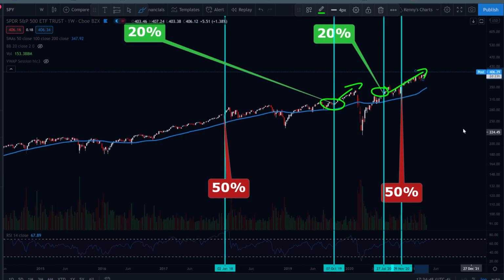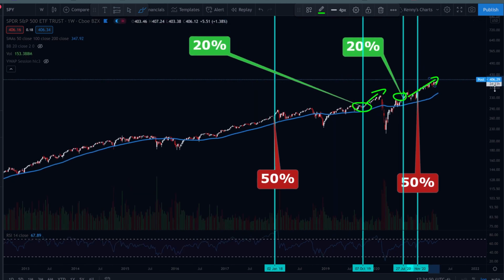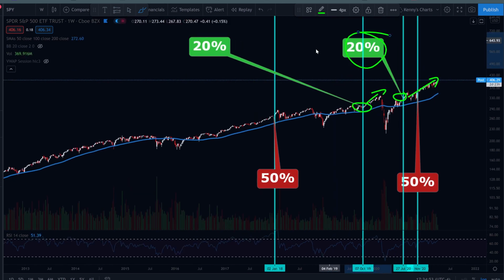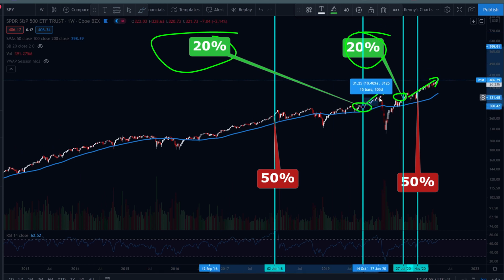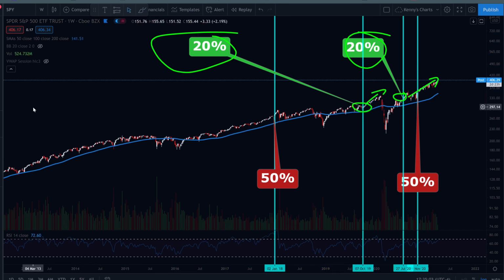So as you can see, on their own, without any kind of nuance, the 20% bull signals are pretty clean, especially for the time frame, which here you can see is about a third of a year, so a quarter or so.